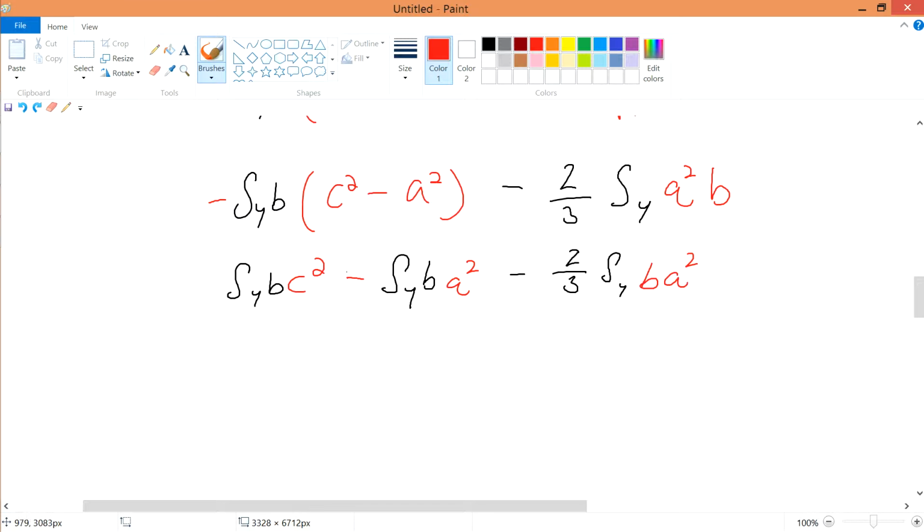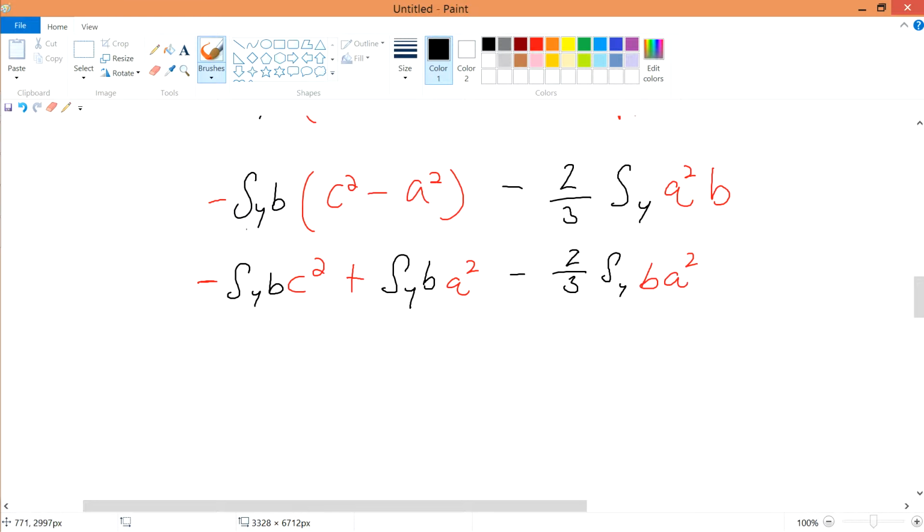So if the multiplying is negative times negative, or if I were to factorize out, I should factorize out this negative, it will be better. So I have positive over here. Then I can still multiply inside. So minus y times c square, I have minus ybc square. Then minus sigma y b times minus a square, I have a plus a square now.